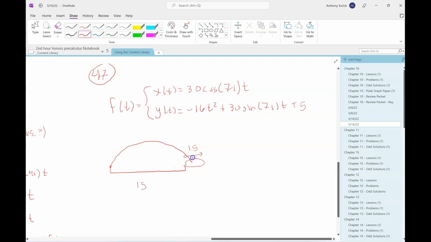And we're trying to figure out when that dart hits the ground, how far is it going to be away?